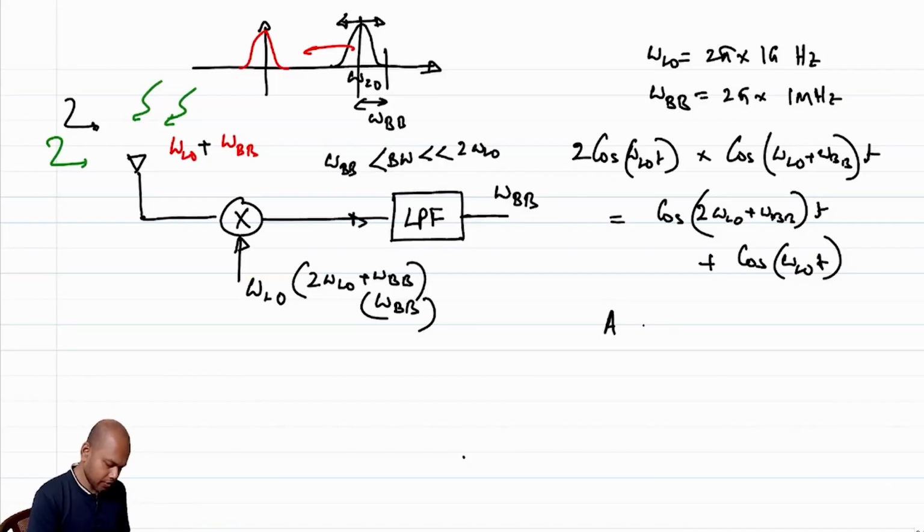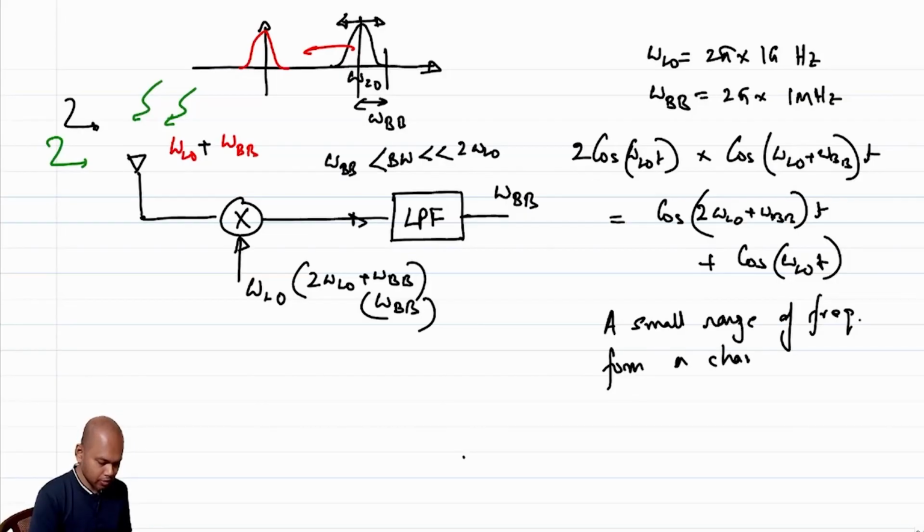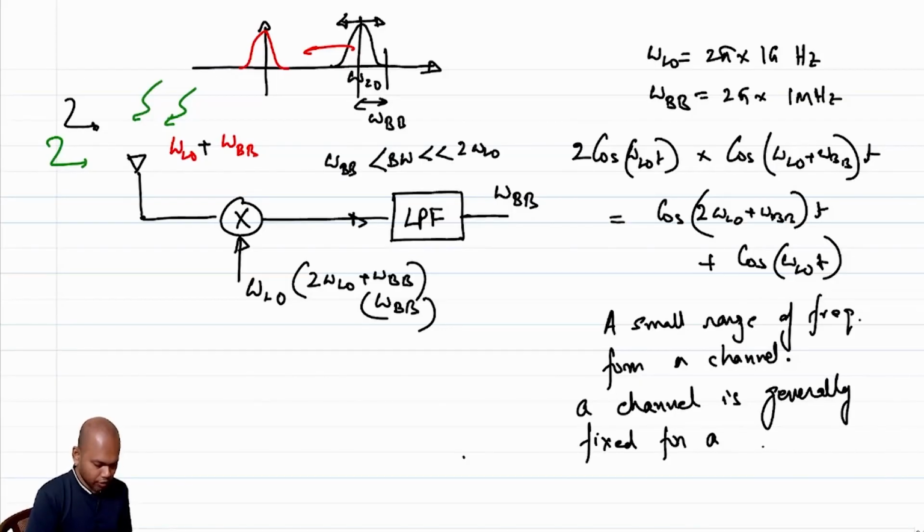So a small range of frequencies forms a channel, and a channel is generally fixed for a user when the communication is on, right?